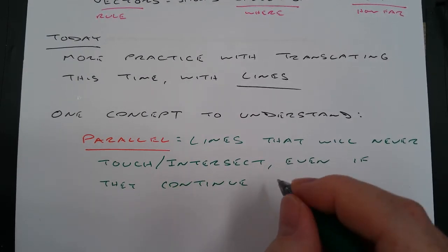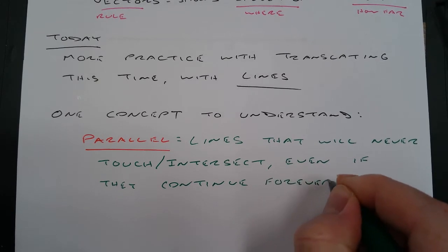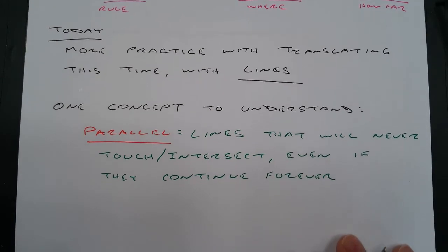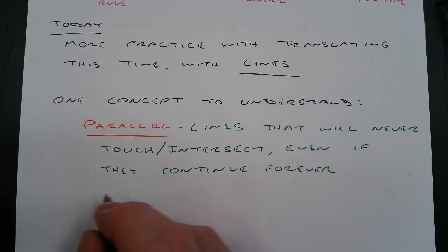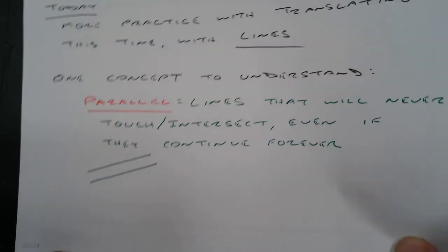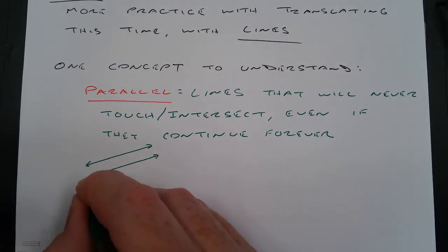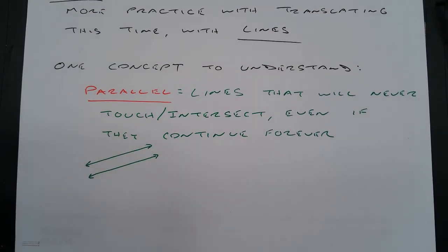A drawing always works with this, so those are parallel lines. If they keep going, and I show you they keep going with arrows, they will never cross, they will never intersect.